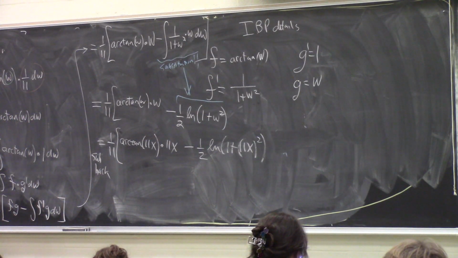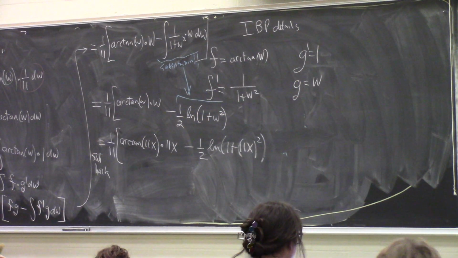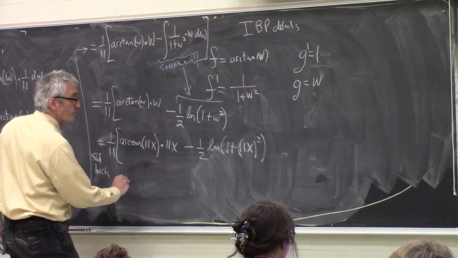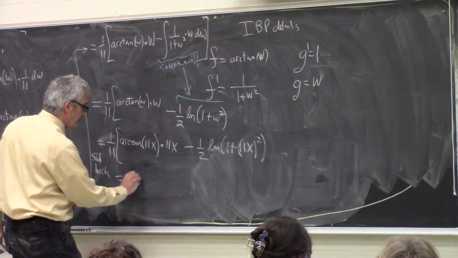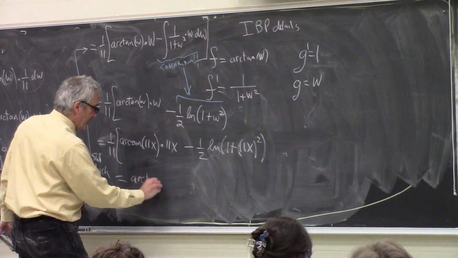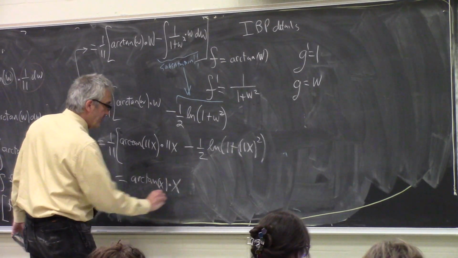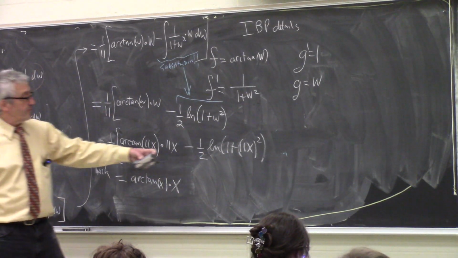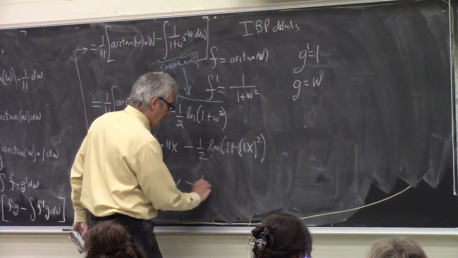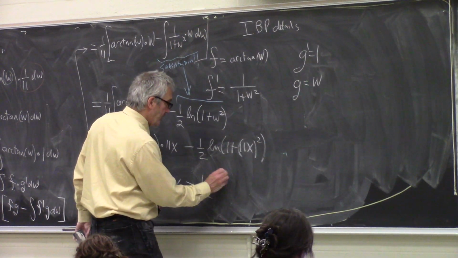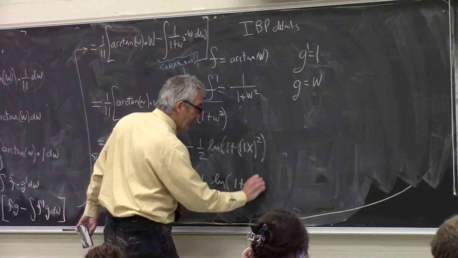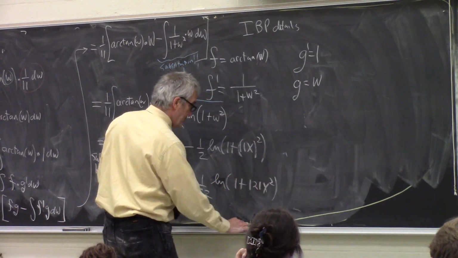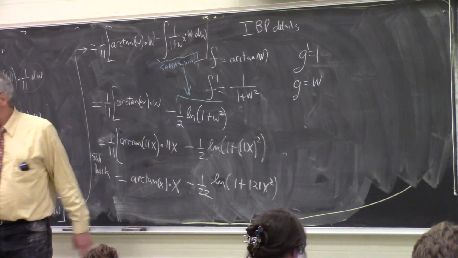I hope this is right. So on this term, the 11s get together. I just end up with arctan x times x. But when I hit 1 over 11 with this term, I end up with minus 1 over 22 times ln of 1 plus 121x squared. I think that's right. Let's see.